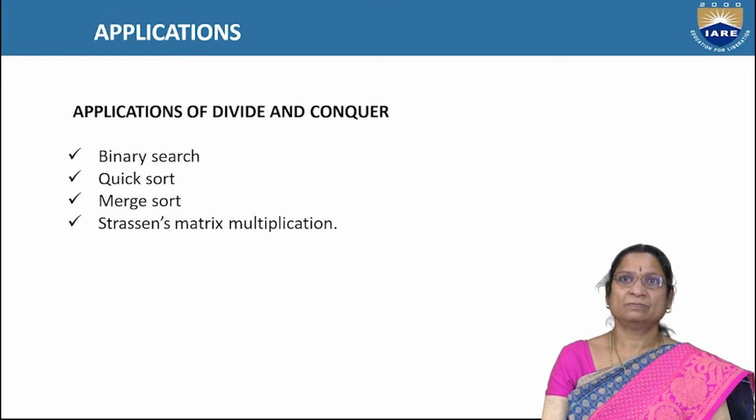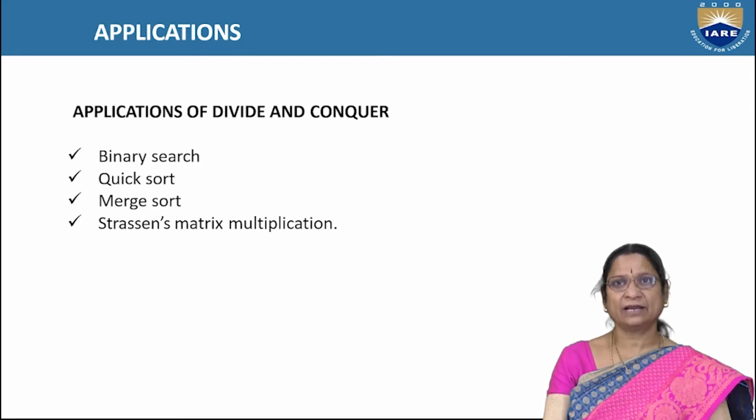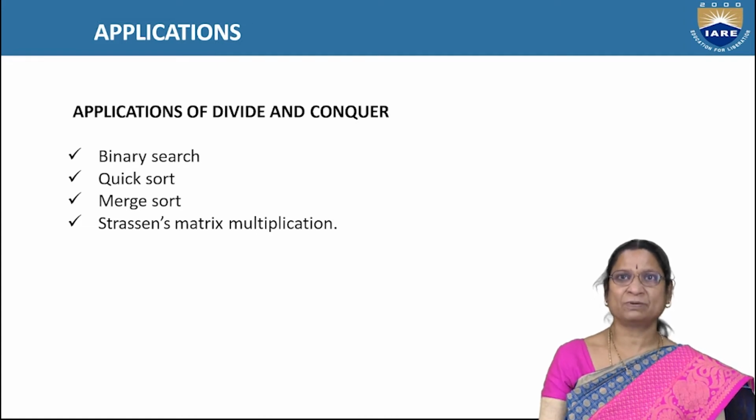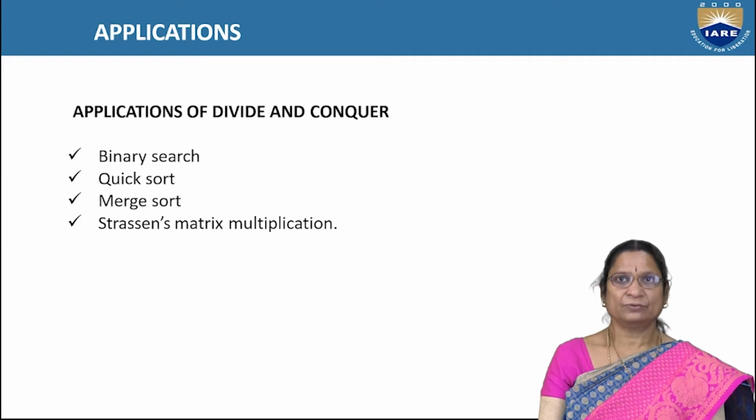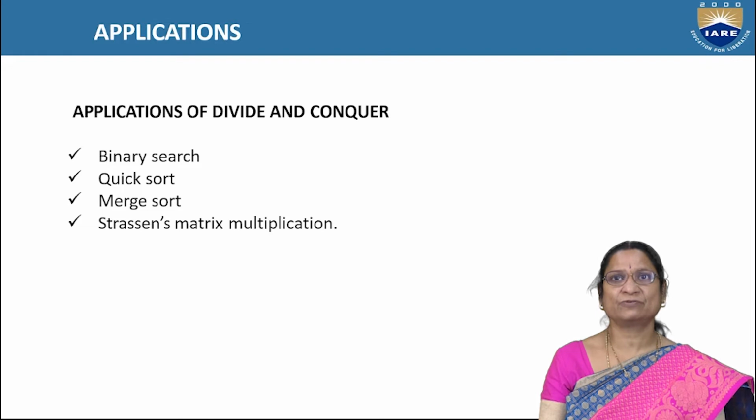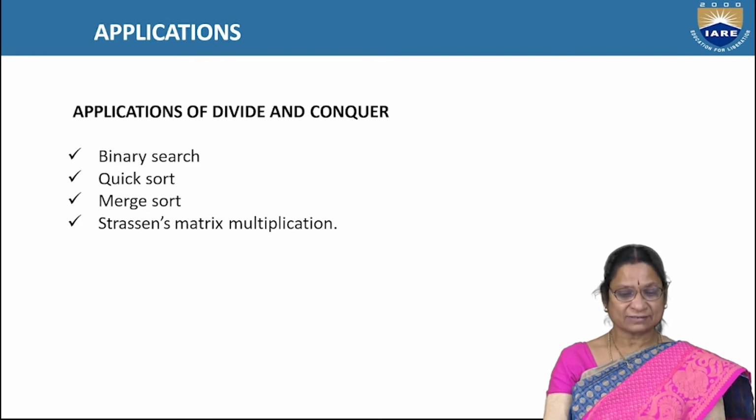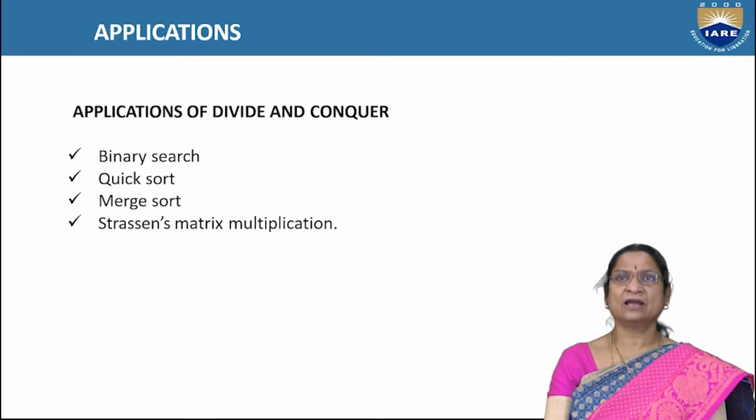Various problems can be solved by using divide and conquer, where each smaller problem is of the same type, and the division is made based upon the size of the input data. Standard applications include binary search, quick sort, merge sort, Strassen's matrix multiplication, and many more.